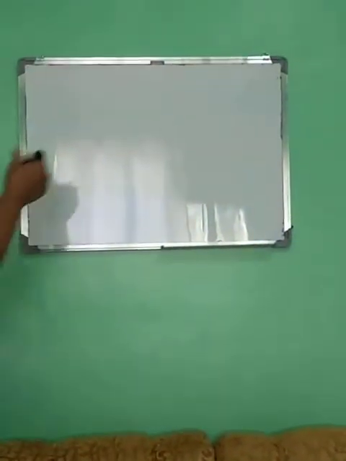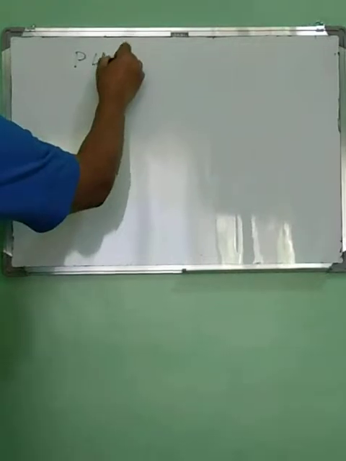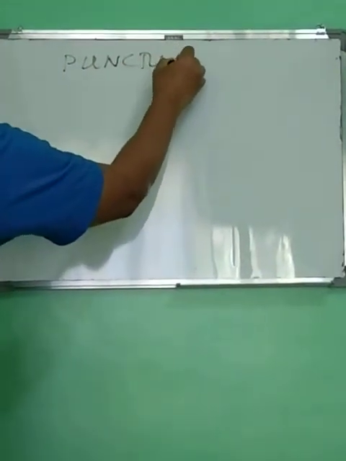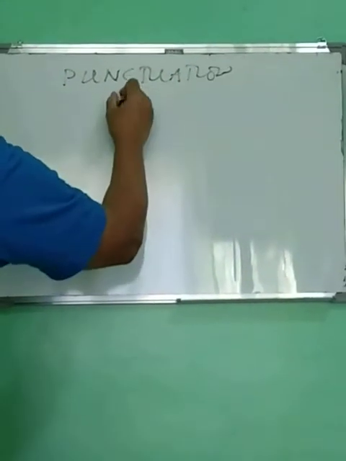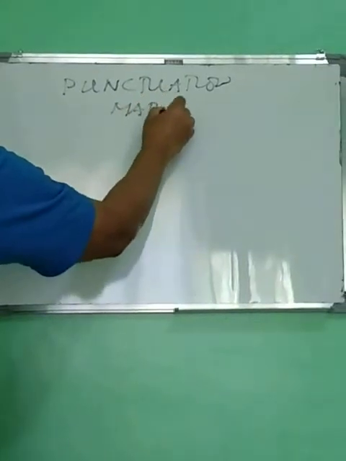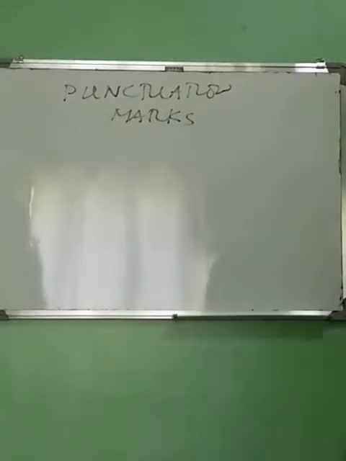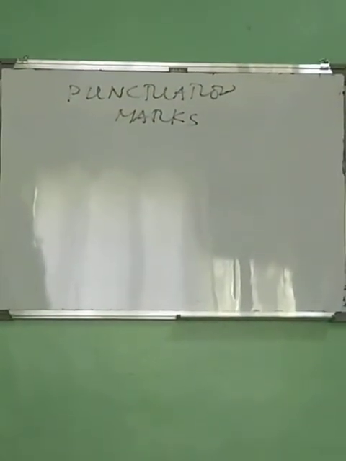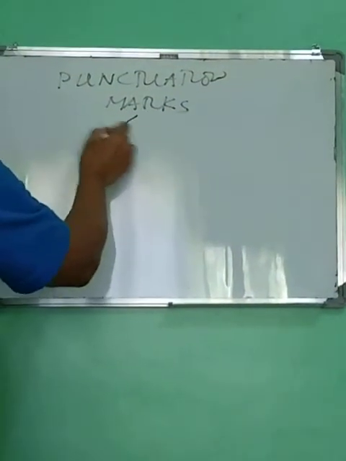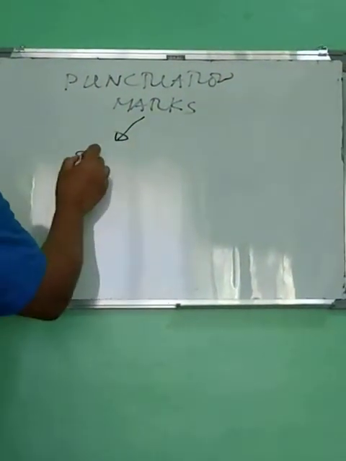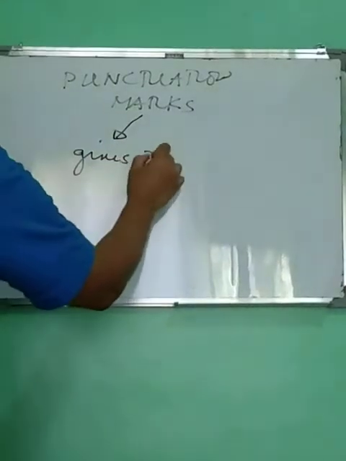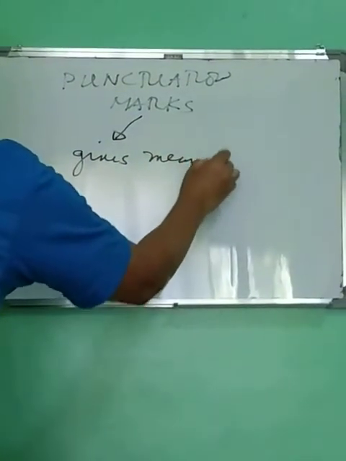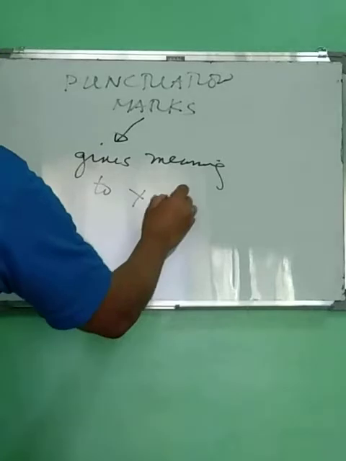Now, this is the last chapter in your book. It talks about punctuation marks. And when we talk of punctuation marks, why are they important? What do you think is the reason? Well, of course, they're important because they give meaning to your written language.